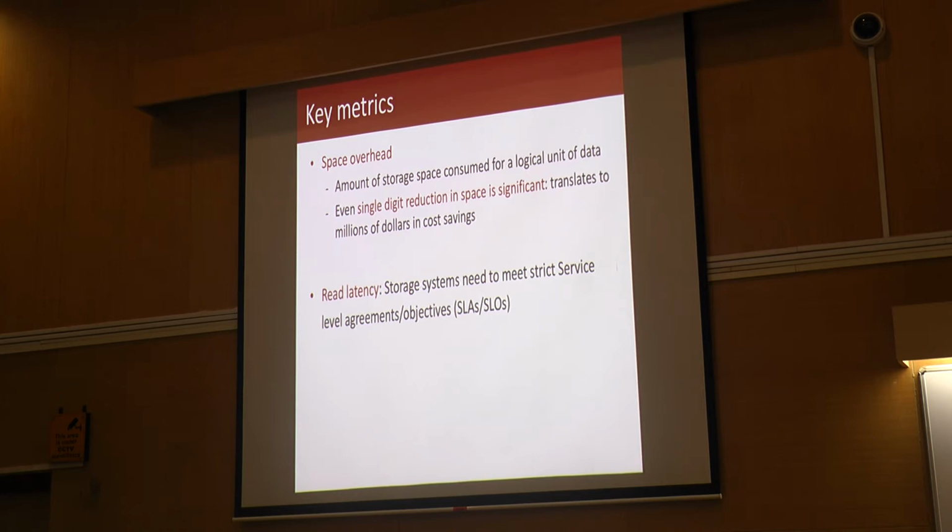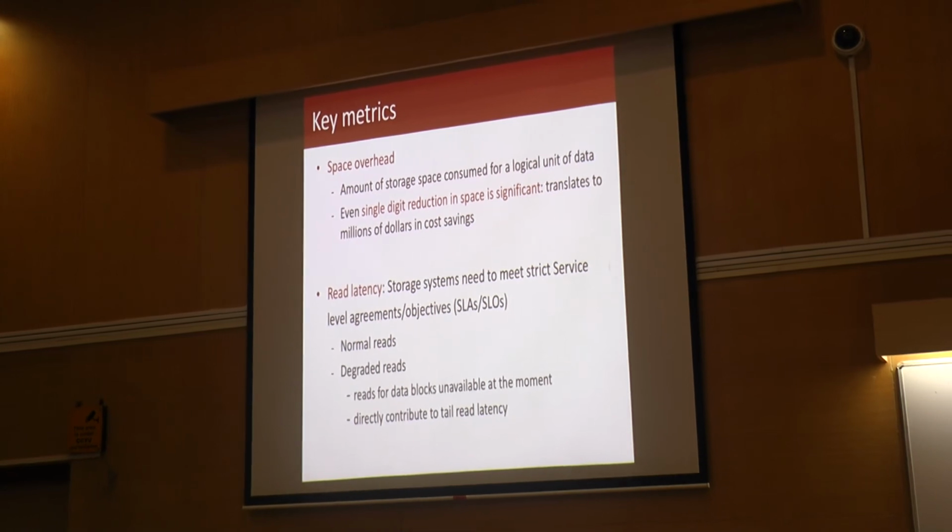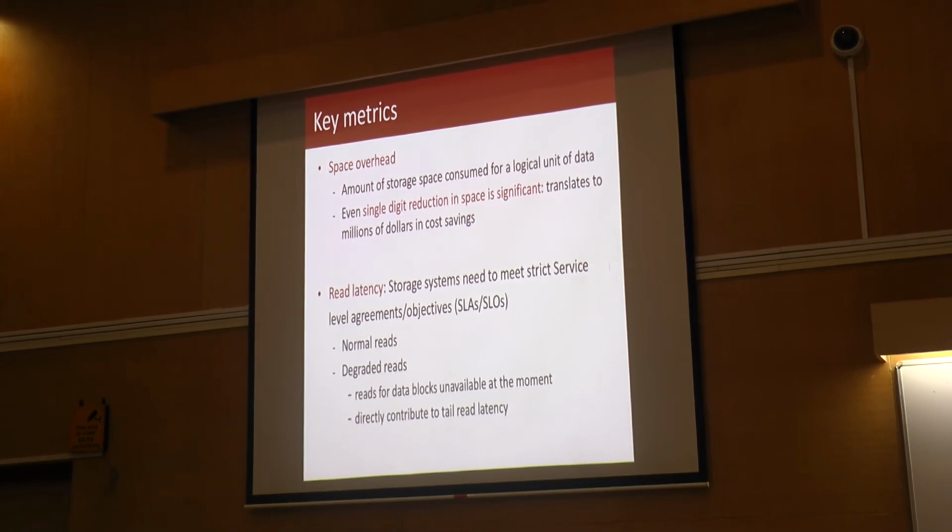When looking at read latency, there are two kinds of reads to keep in mind. One is normal reads, meaning a read request comes in for a chunk of data, and that chunk is available in your system. You just go to the location and read. The other type is what is called a degraded read, which is a read for a unit of data that is missing.